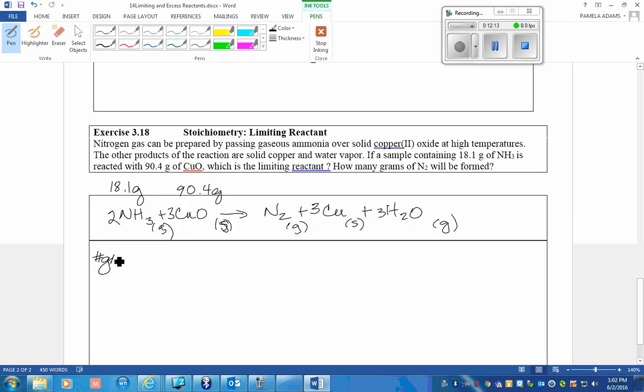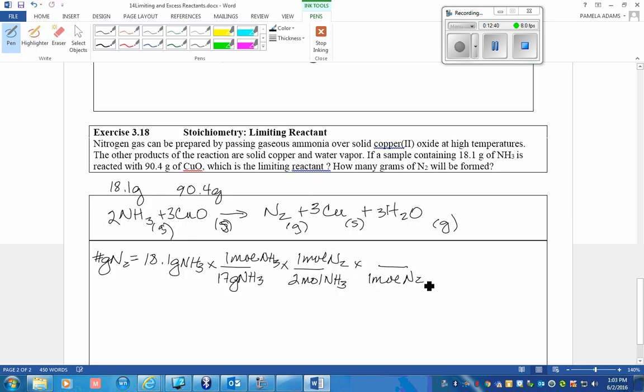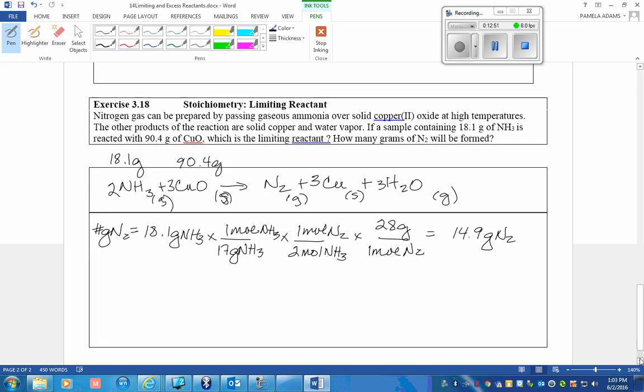So the number of grams of N2 that can be formed by 18.1 grams of NH3 looks like this. Using my stoichiometry relationships, 2 moles of NH3 result in 1 mole of N2, and 1 mole of N2 has a molar mass of 28 grams, and so I can make 14.9 grams of N2 when I use up all of the NH3.